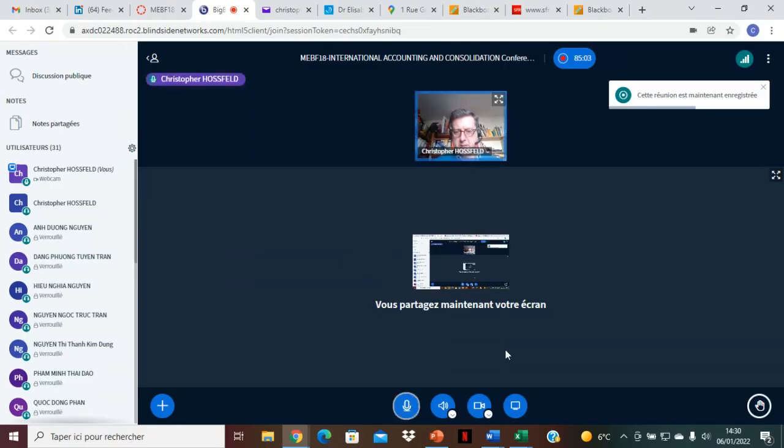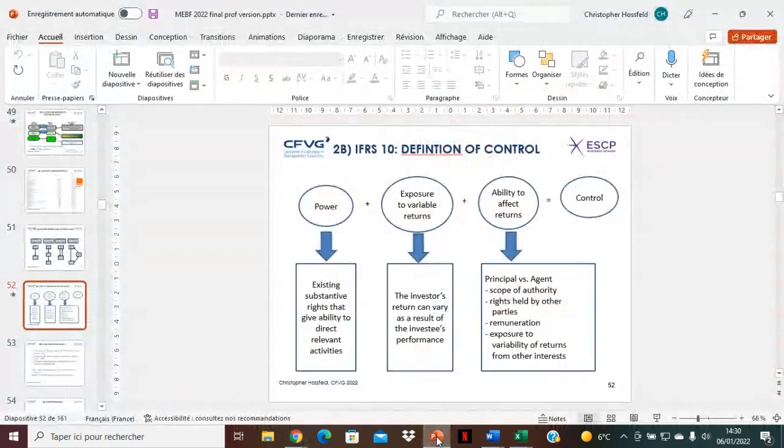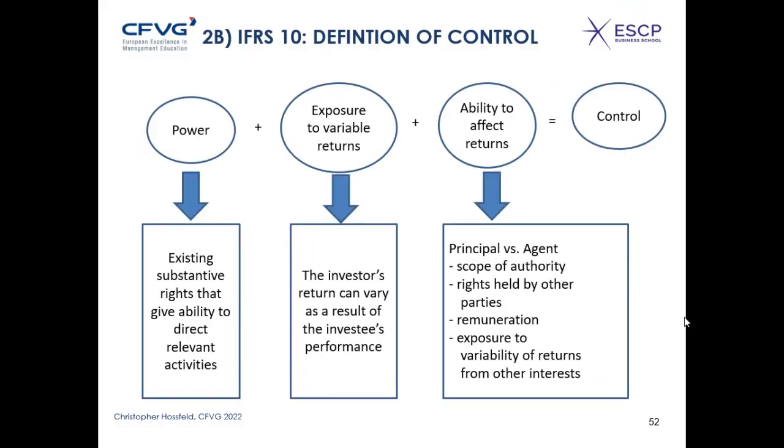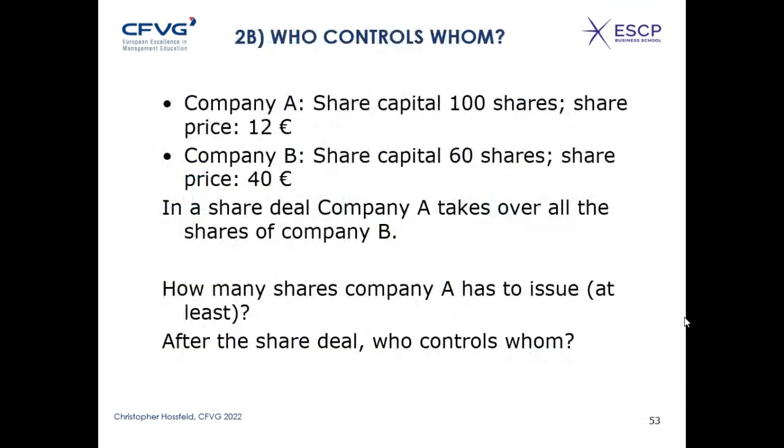So we are talking about the scope of consolidation, and we discussed here the notion of control, depending on power, exposure to variable return and the ability to affect the returns. Let's have a look at the following case and the question related to this: who controls whom?